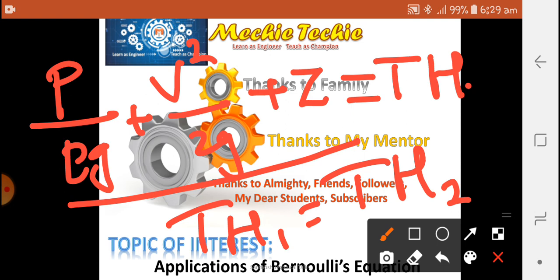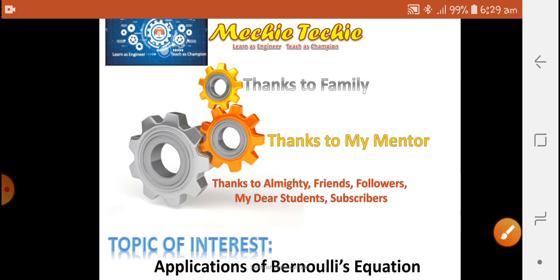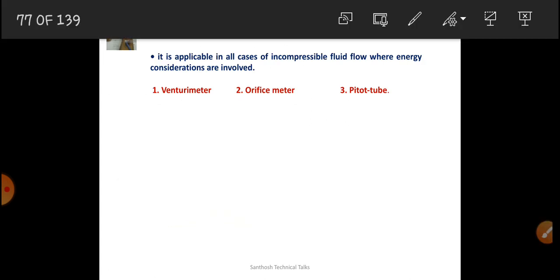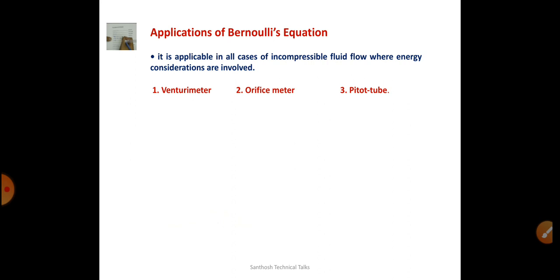So today we are going to discuss the applications of Bernoulli's equation. The Bernoulli equation is applicable in all cases of incompressible fluid flow where energy consideration is involved.